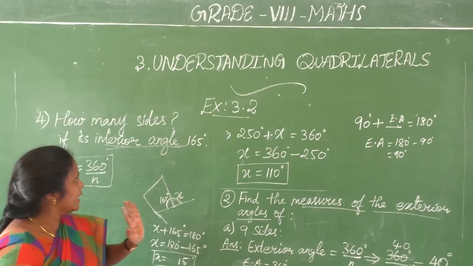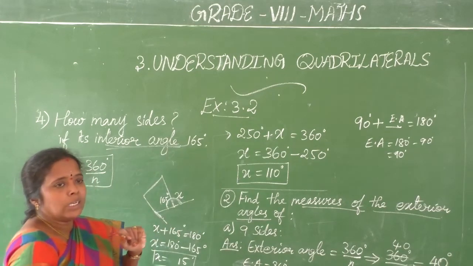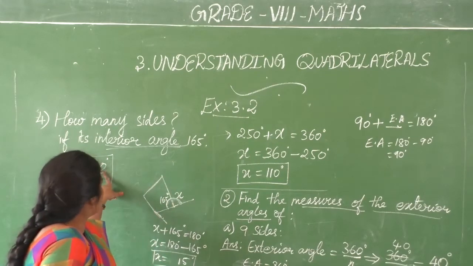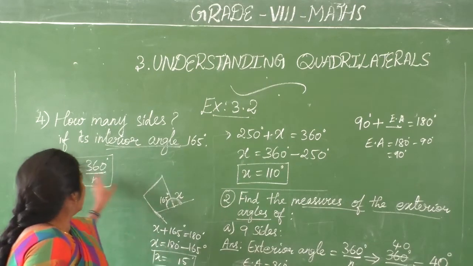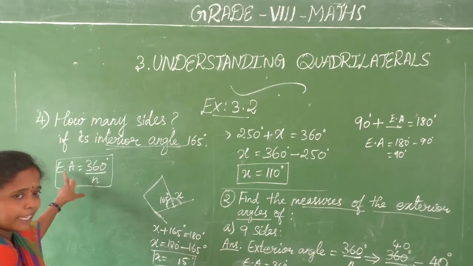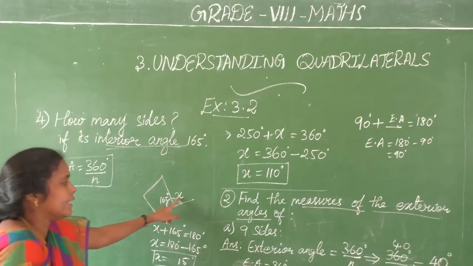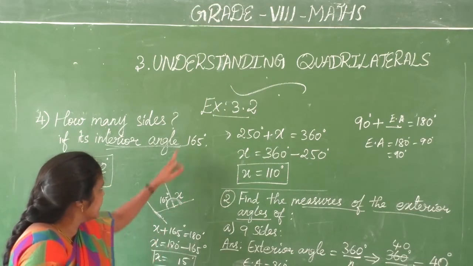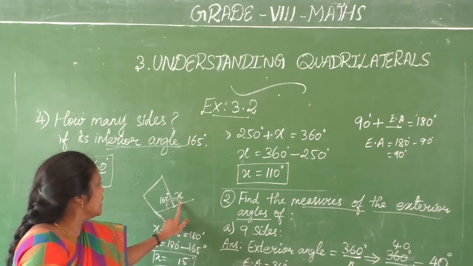See, again I am telling you, in the previous question the exterior angle was given and they asked us to find the number of sides of the polygon. In this question they gave the interior angle, but we know the formula: only with the help of the exterior angle can we find the number of sides. So we subtract the interior angle from 180 degrees, because both are a linear pair.